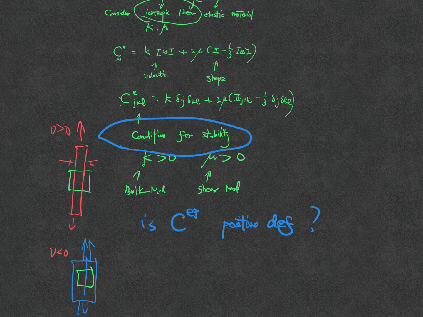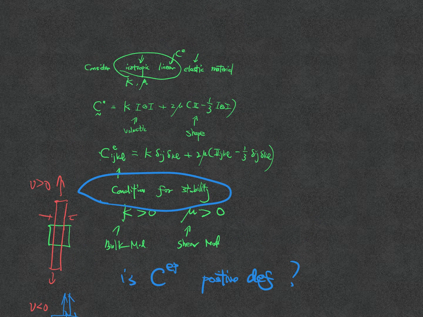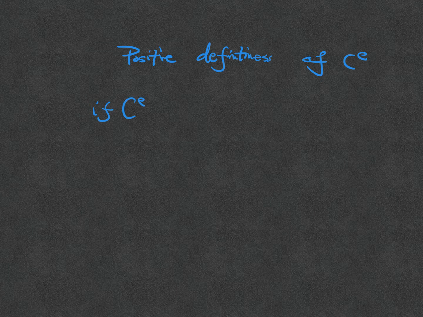So now again, let me talk about why positive definiteness is important. First, let me talk about the positive definiteness of the elastic tensor. If CE is positive definite, that implies the following.